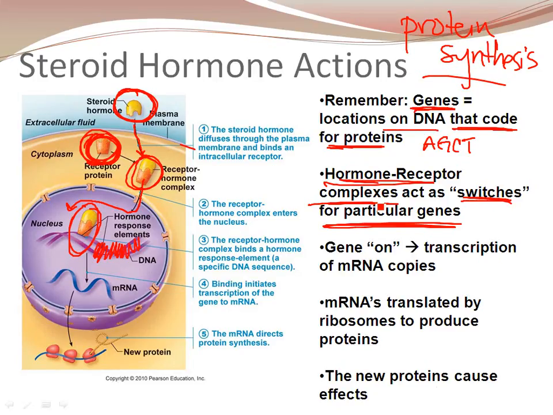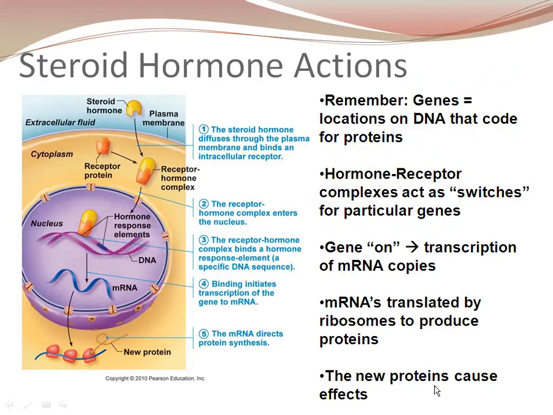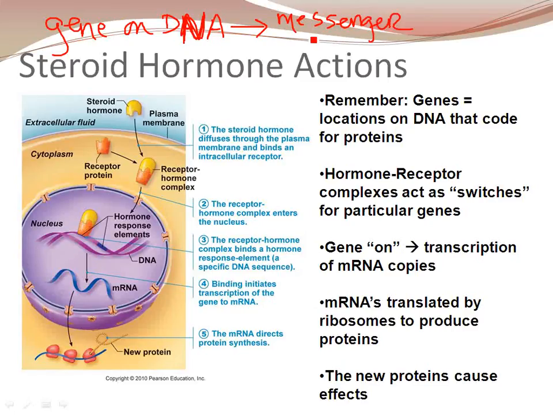Okay, so hopefully you learned in the past that a gene on a DNA molecule, before that blueprint, those instructions, can be used to tell the cell how to make a particular protein, it has to be copied first. The instructions are copied onto a messenger RNA type molecule.